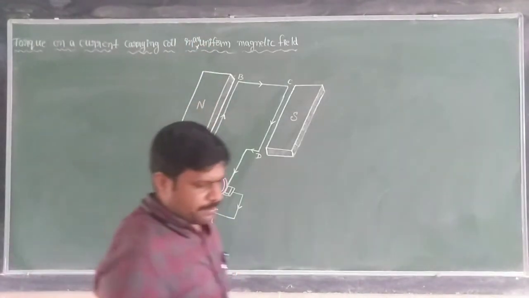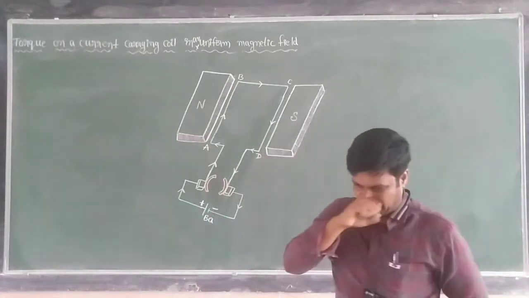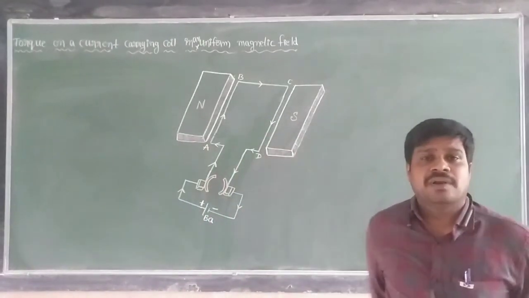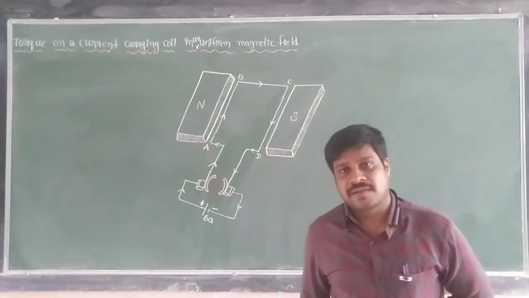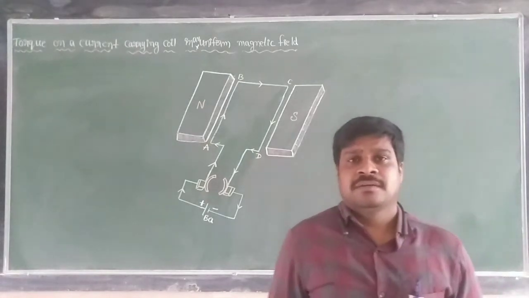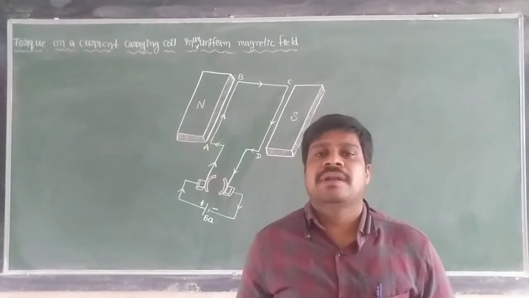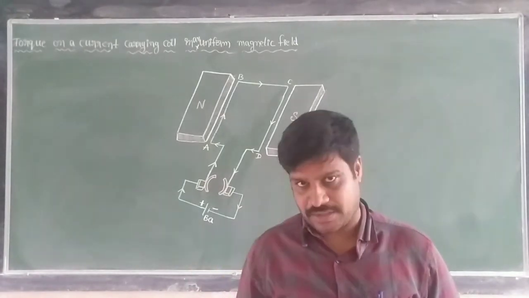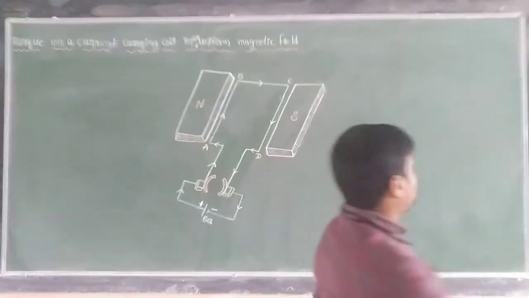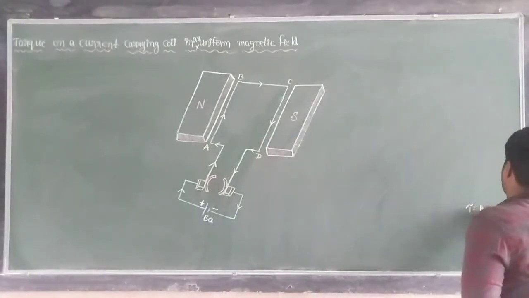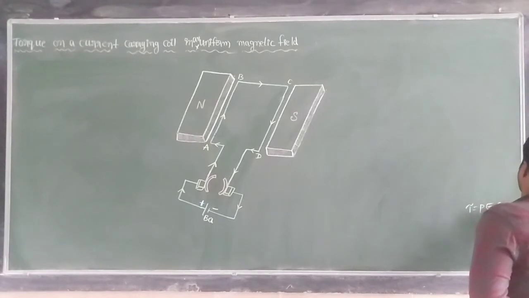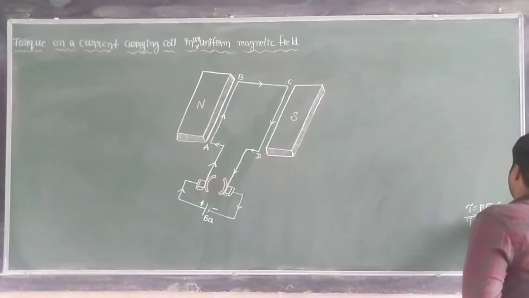Previously we have studied that whenever a dipole is placed inside a uniform electric field, that electric dipole experiences a torque. That torque is tau equals P sin theta, or tau bar equals P bar cross E bar.